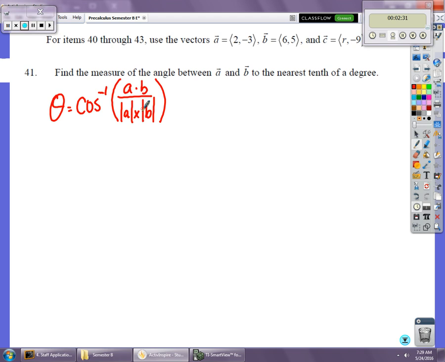Let me get a visual here, just to see if my answer comes up to be reasonable. If I go over 2, down 3, one of my vectors looks like this, and then 6, 5, looks something like this. What I'm going to get is the angle that connects these two vectors, and it'll default to the smallest angle.